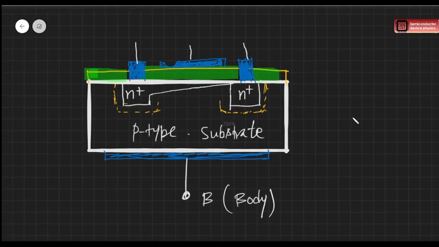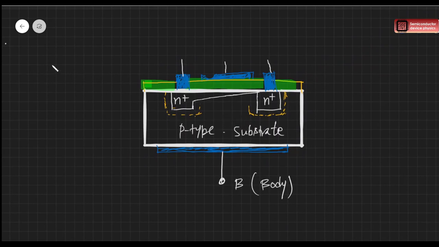So if you draw the full device in this diagram, they are shorted, and then we are applying a constant voltage. So this is our source, gate and drain.